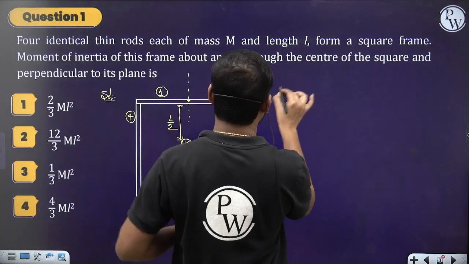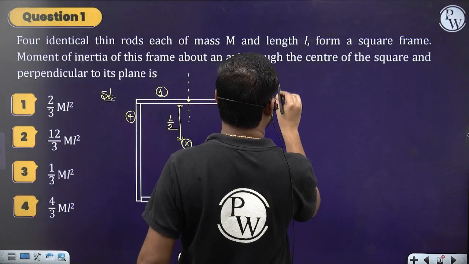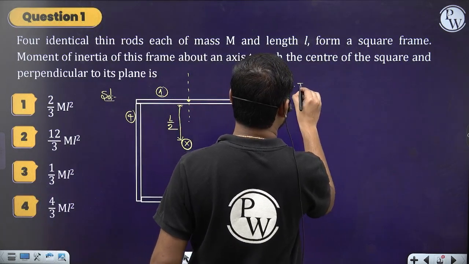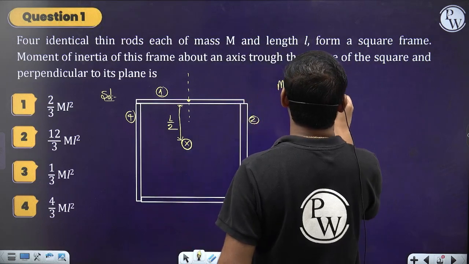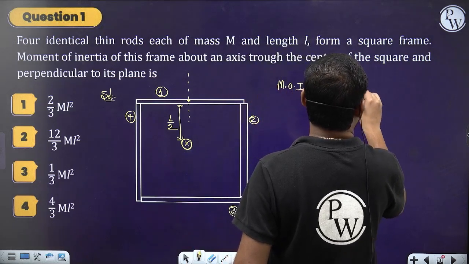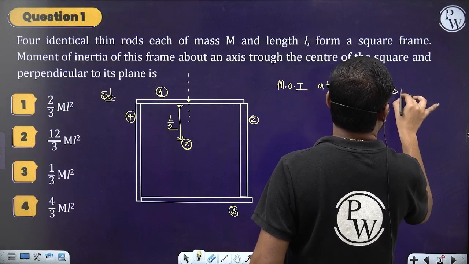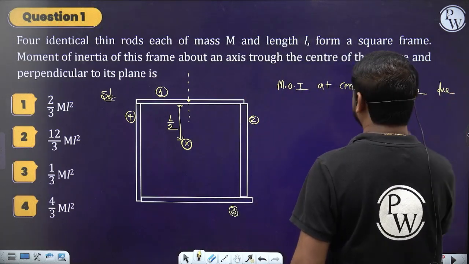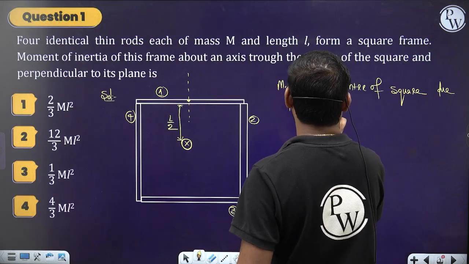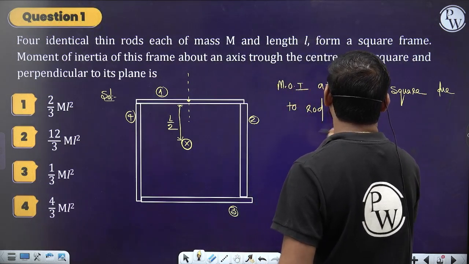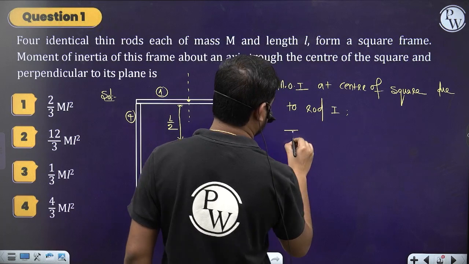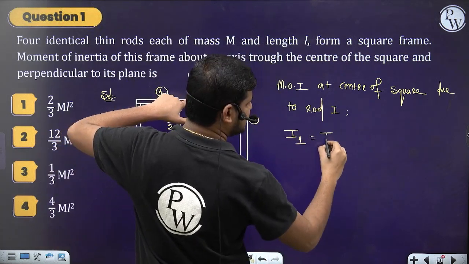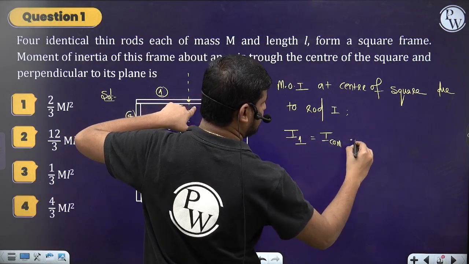Let me write the shortcut. The moment of inertia at the center of the square due to rod 1 will be equal to its moment of inertia about its center of mass plus, according to the parallel axis theorem, mass into the distance squared.